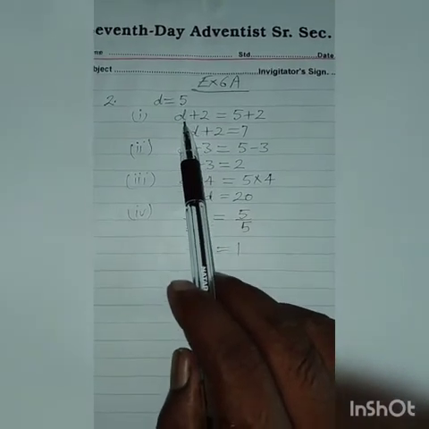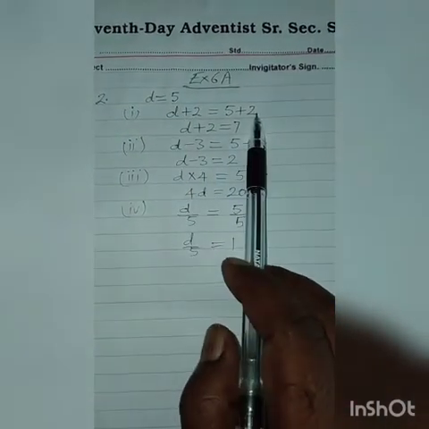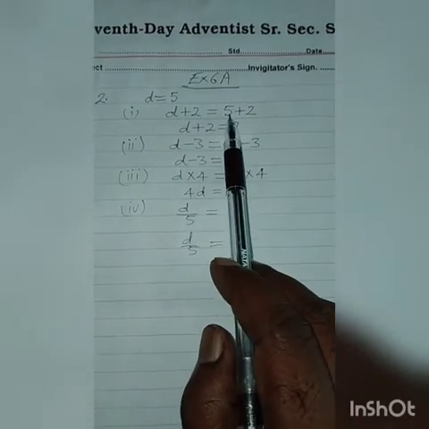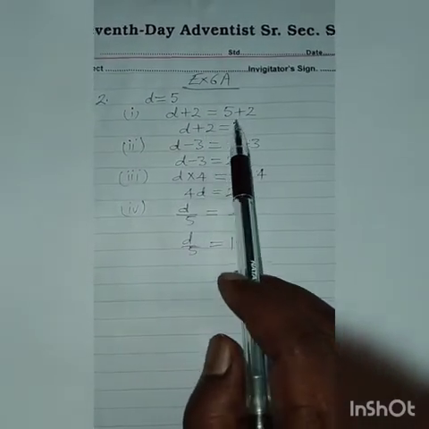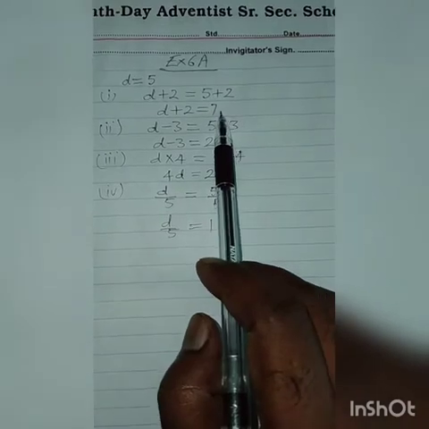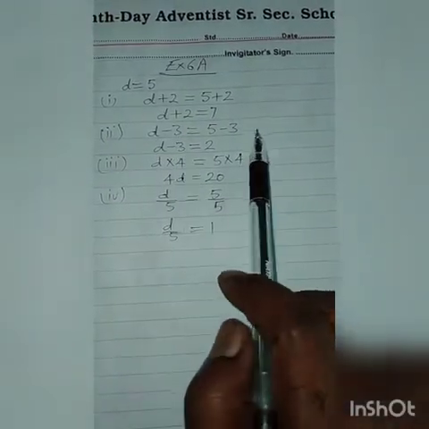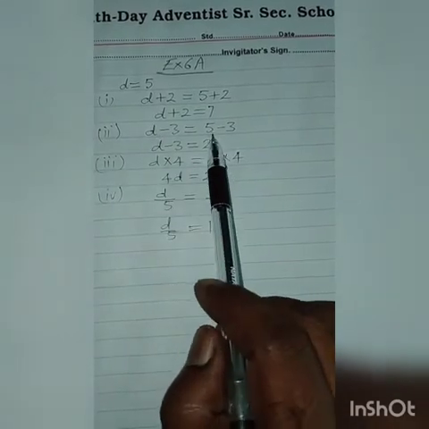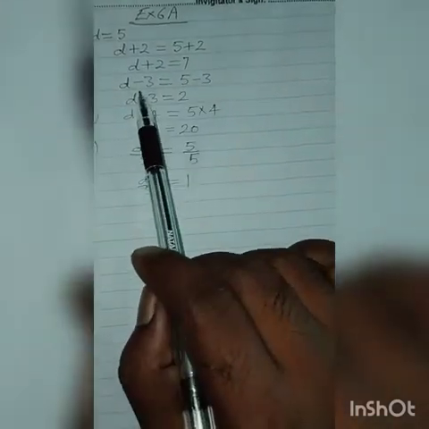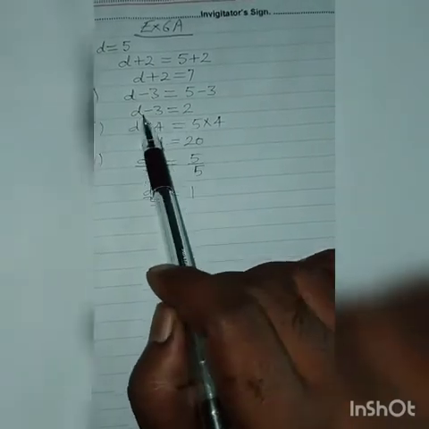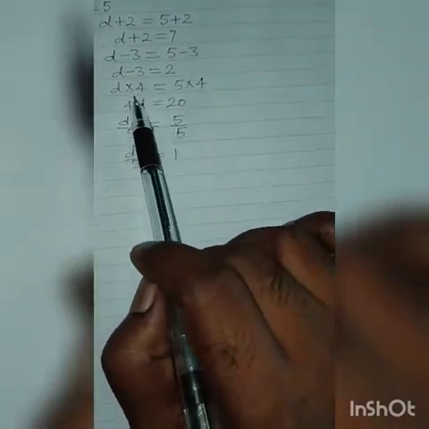So first I am adding 2 to both sides. So d plus 2 and 5 plus 2. So d plus 2 equal to 7 is your first equation. Then I am subtracting 3 from both sides. So d minus 3 equal to 5 minus 3, which is 2, is your second equation.